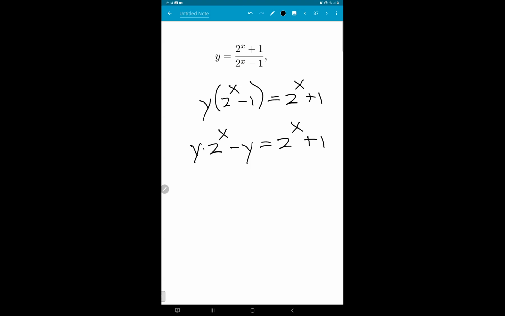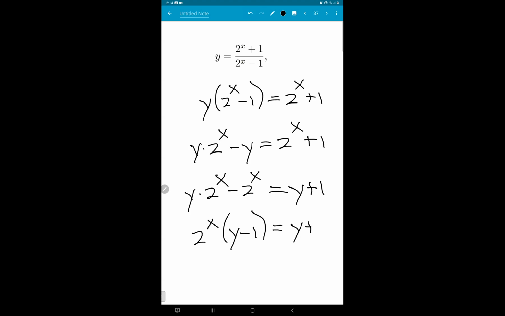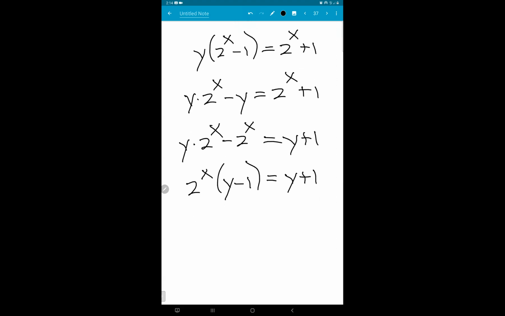Since you're going to solve for x, you collect all those terms containing x on one side. Those without x, collect them on the other side. And then you're going to factor out those terms containing x. You factor out 2 to the x, you have y and 1. So now you get 2 to the x equals y plus 1 over y minus 1.